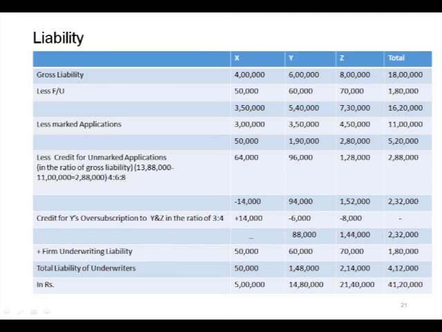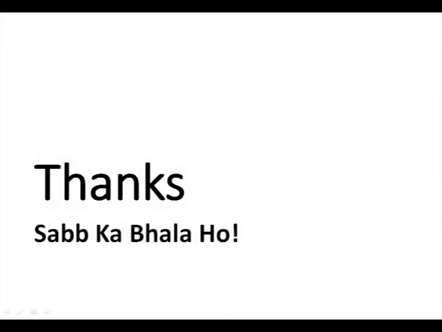That would be their liability in rupees, that is 5 lakh in case of X, 14,80,000 in case of Y, and in case of Z it is 21,40,000, and total liability of all the underwriters is 41,20,000. So this is all with the underwriting of shares and debentures.